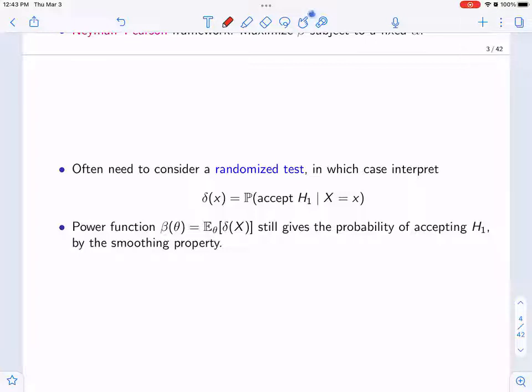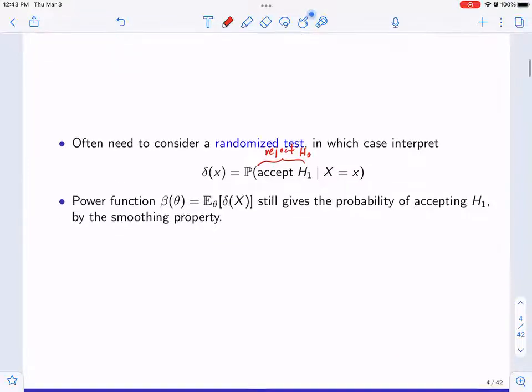So instead of outputting an exact 0 or 1, you might decide to flip a coin, let's say, and decide. Alternatively, you can say my decision will just output the probability that I reject the null. The probability that I reject the null given x, I'll call this delta(x). You can think of a randomized test as either this or a deterministic test given x and some extra source of randomness.